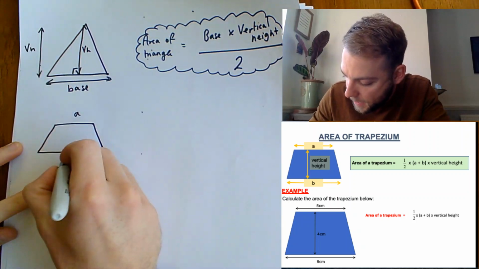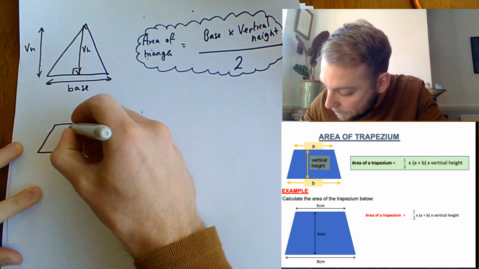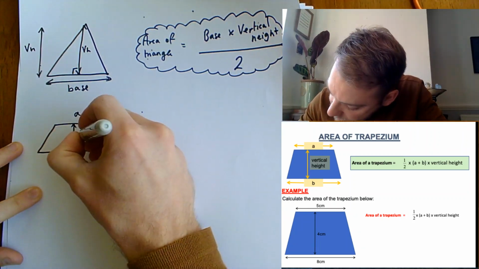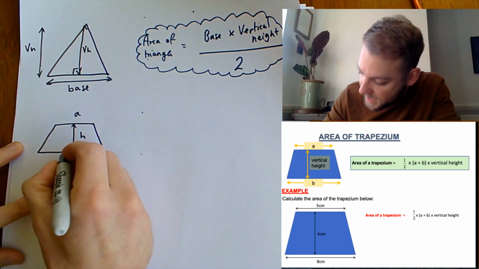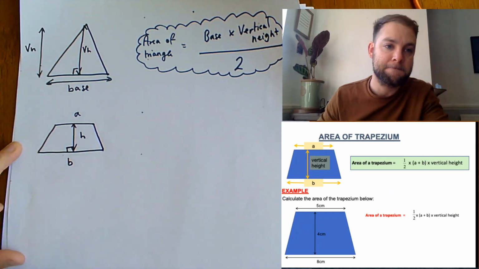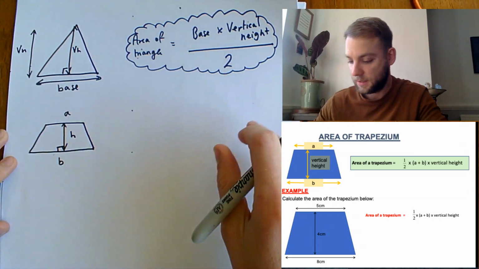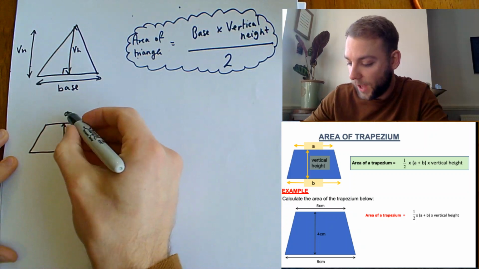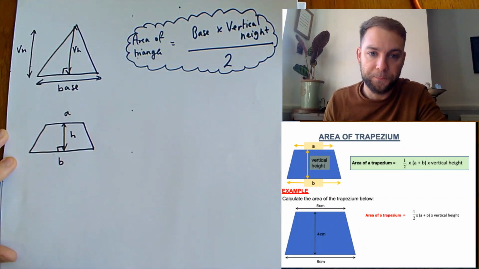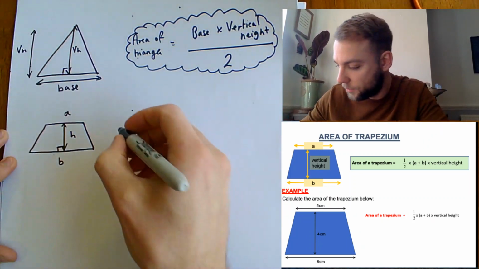So it's going to be A and B, and again, it's that perpendicular height, which is this one here. This here is perpendicular. And to work out the area of this one's a little bit harder. You've got to average out the top and bottom and then times by the vertical height.